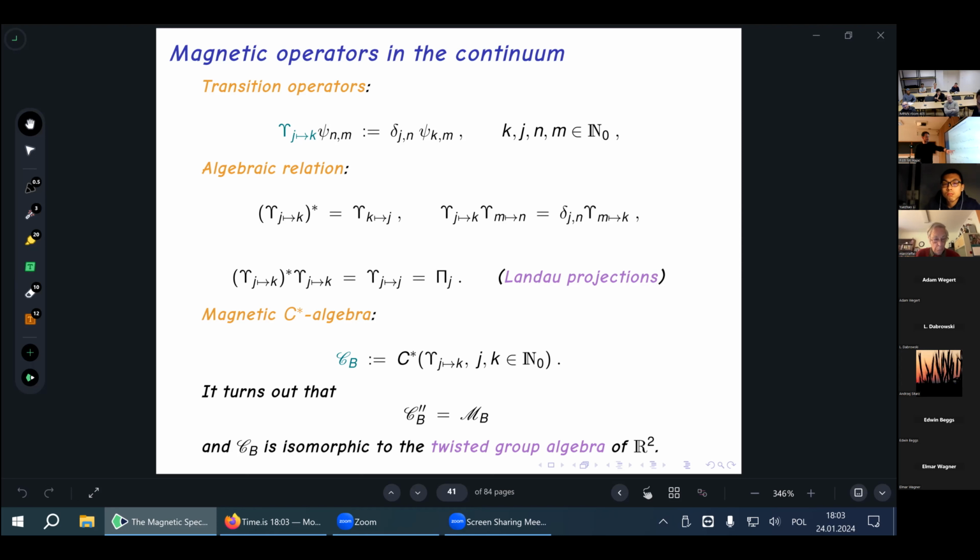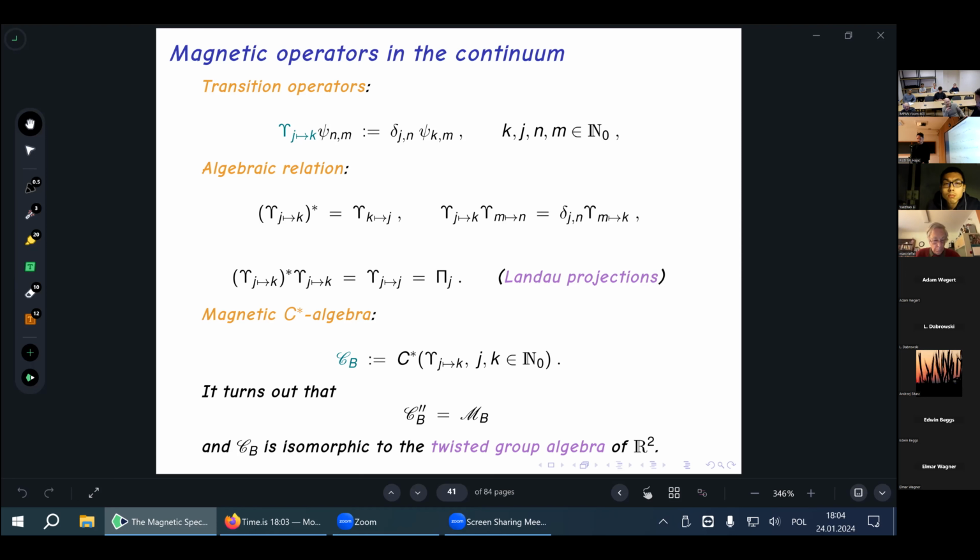In particular, the Landau projections are the operators which go from j to j, and can be constructed in this way. Because I have the multiplication rule and the adjoint, I can construct a C-star algebra just with these jumping operators, these transition operators. It turns out that the enveloping von Neumann algebra of this C-star algebra is exactly the one that I showed you before.